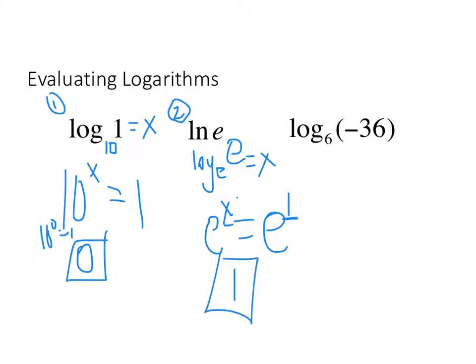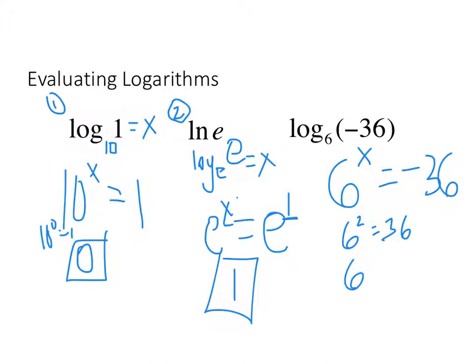Okay, and now let's look at this last one. 6 to the what is going to give you negative 36. Well, 6 squared gives us 36, but not negative 36, and 6 to the negative 2 power would actually be 1 over 36. So these two won't work. We can't use 2 or negative 2.